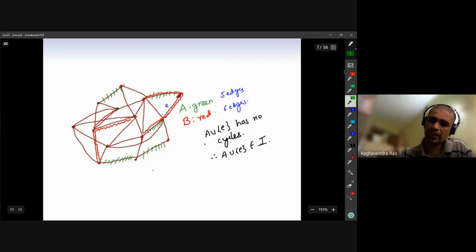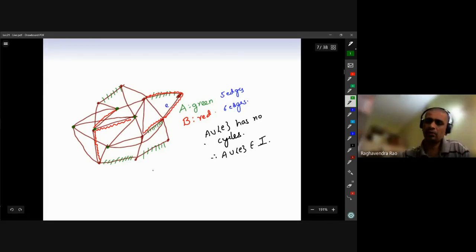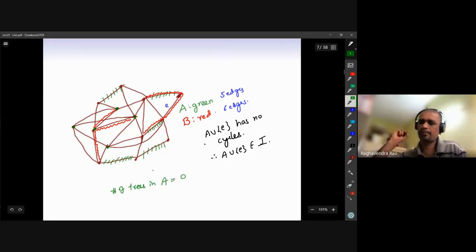So this is a tree, this is a tree, these are all isolated vertices, so I'll also be counting these. Is that clear to everyone? The vertices for which there is no edge incident in A are also counted as trees. So the number of trees in A now will be 1, 2, 3, 4, 5, 6, 7, 8, 9. So the number of trees in A is 9. Number of trees in B.